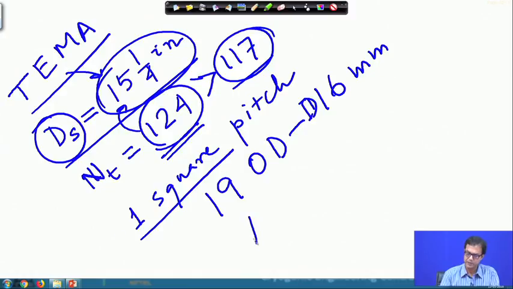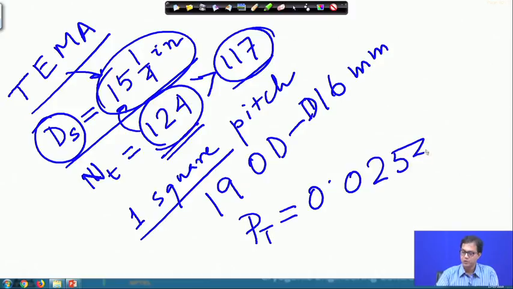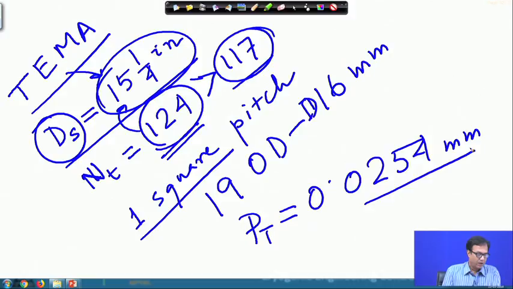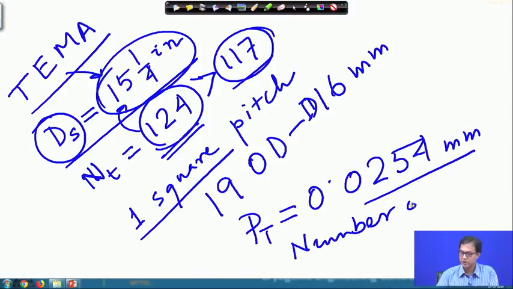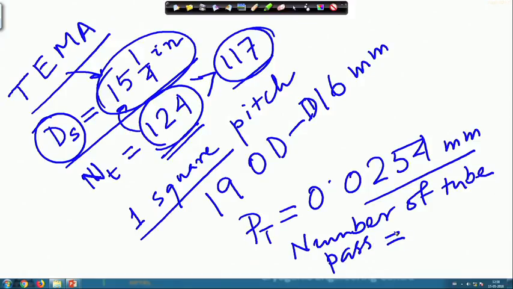Pitch P_T is now slightly changing to 0.0254 m, and the number of tube passes, earlier we were using a single tube pass, but now we will have number of tube passes N_p equal to 2.